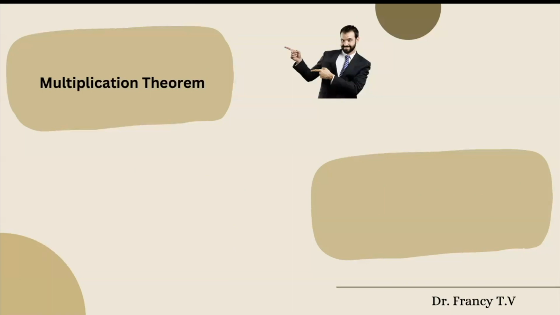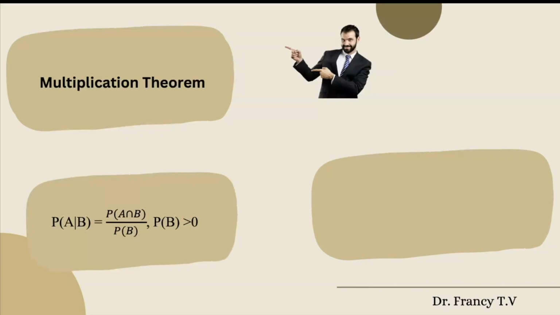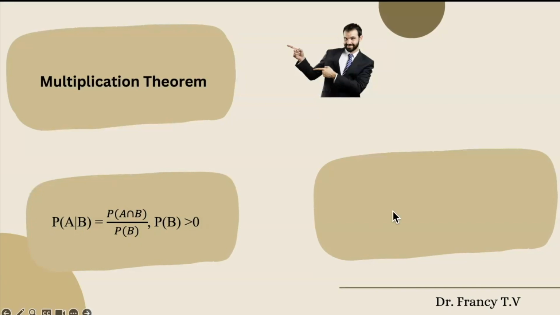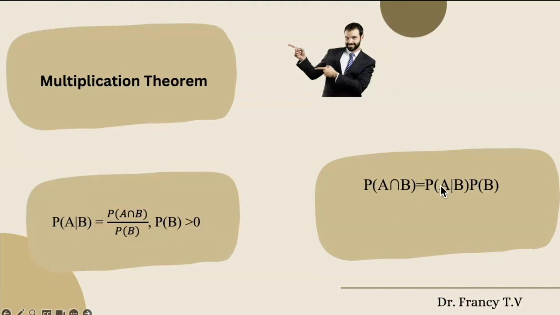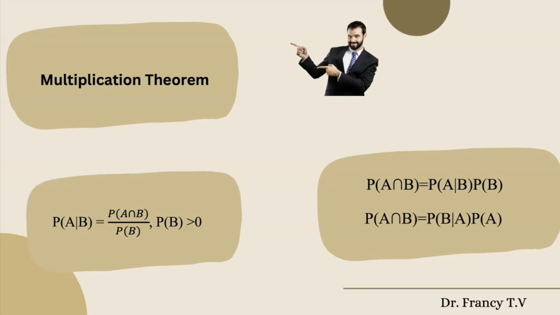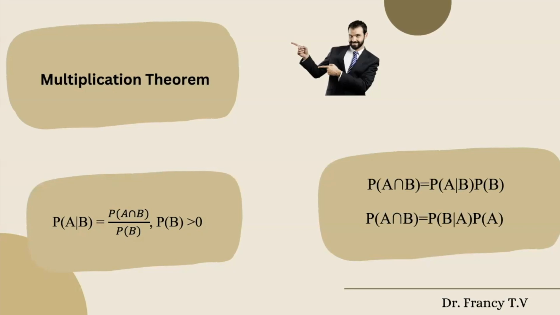Multiplication theorem is actually derived from the conditional probability formula. Conditional probability formula states that probability of A given B equals probability of A intersection B divided by probability of B. If you cross multiply, you will get P of A intersection B equal to P of A given B into P of B. In a similar manner, if you use the formula for P of B given A, you can express it as P of A intersection B equal to P of B given A into P of A. This is known as multiplication theorem.